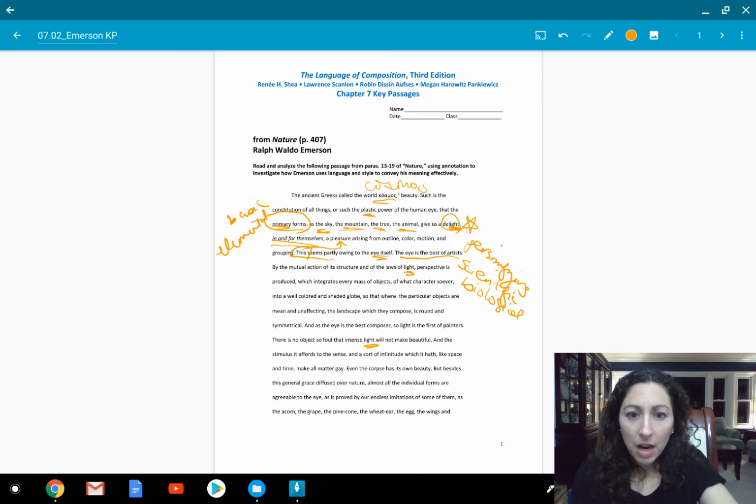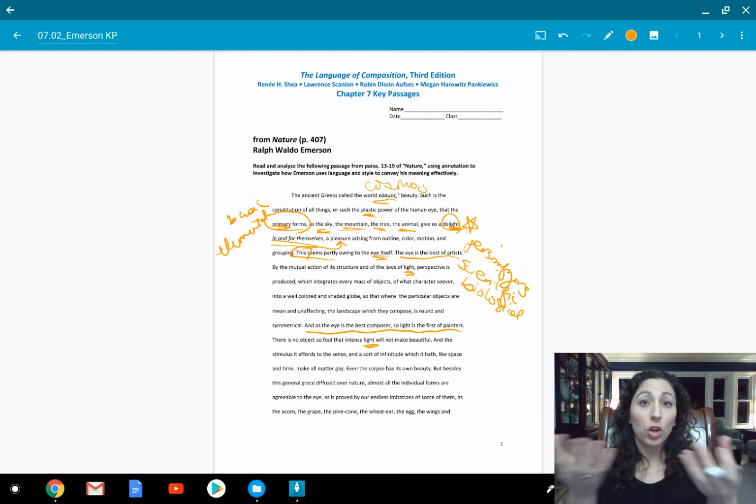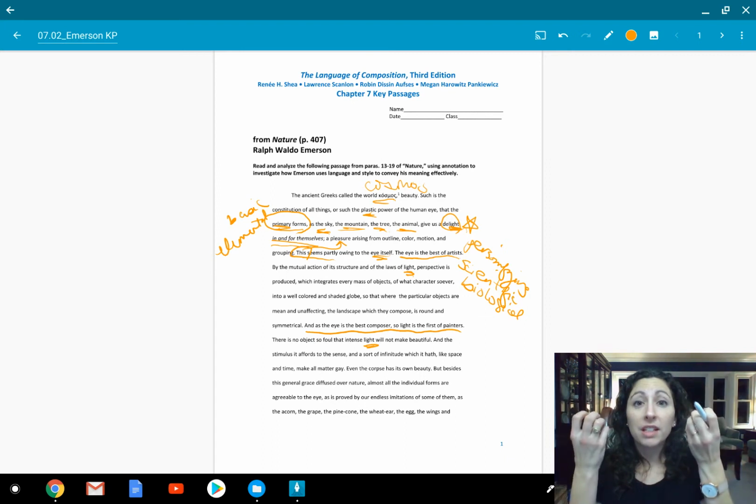Let's skip down here. And as the eye is the best composer, so light is the first of painters. So more personification to align the eye with the artist, composer, something that creates. The eye creates the beauty, and light contributes to that as well.